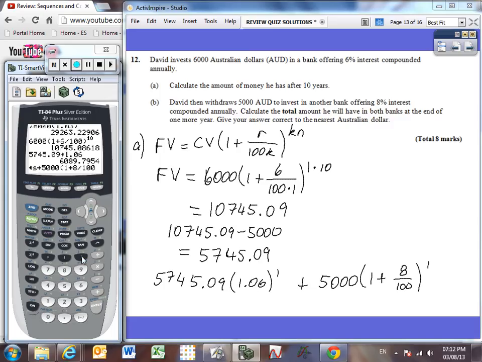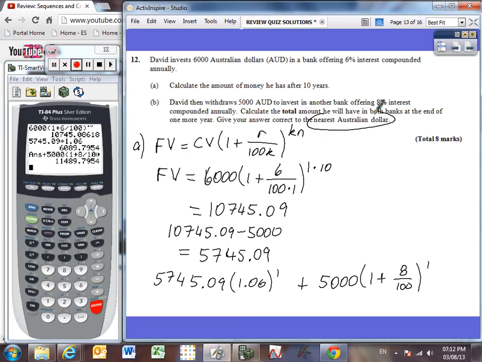You can of course write it as 0.08, raised to the power of 1, which means I don't need to put any power at all. And the total amount when I add these two things together then becomes 11,489, but it's set correct to the nearest Australian dollar. So to the nearest dollar we get 11,490 Australian dollars.